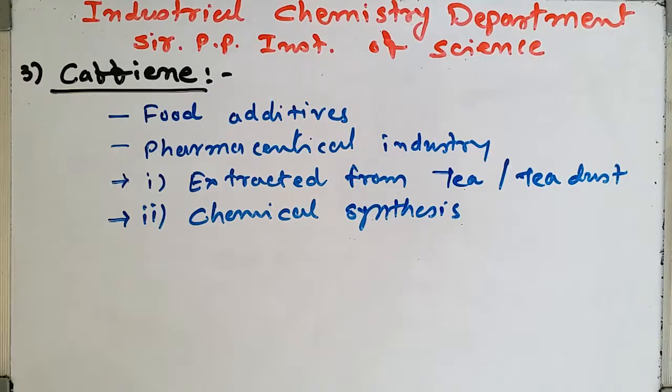So one by one we see both routes. Caffeine is in large demand from the pharmaceutical industry, and it is also used by soft drink industries. First of all, we see how caffeine is industrially manufactured.